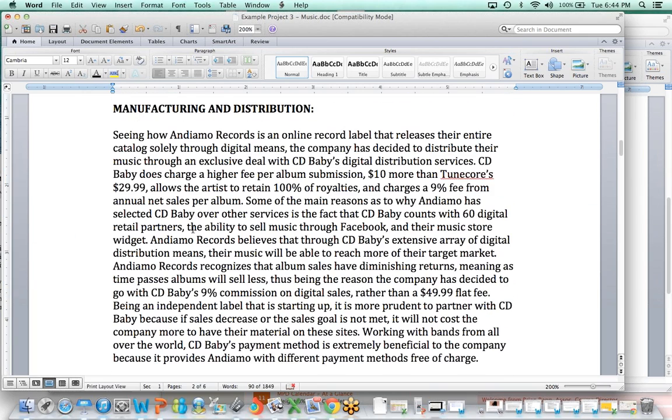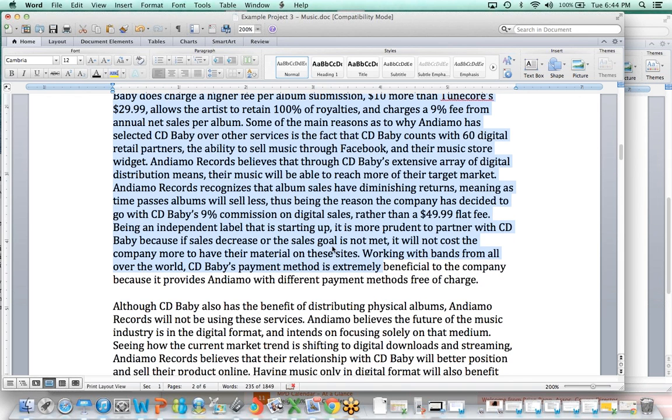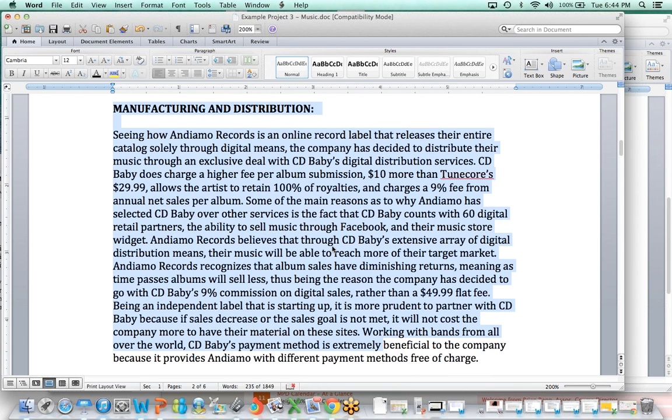Okay, and also, this is the most important part of project 3, manufacturing and distribution. Your manufacturer and your distributor can actually be the same company. What I mean by that is a lot of times your manufacturer is going to be a print-on-demand company, like in this case, CD Baby, right? But they are also going to act as your distributor.